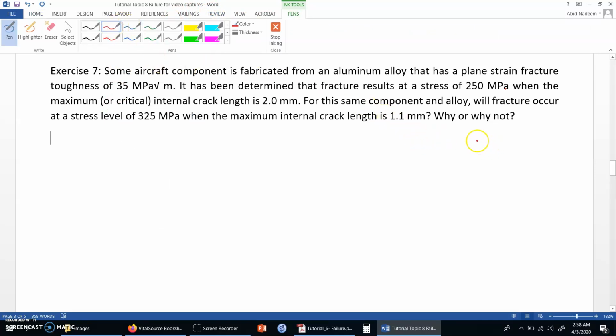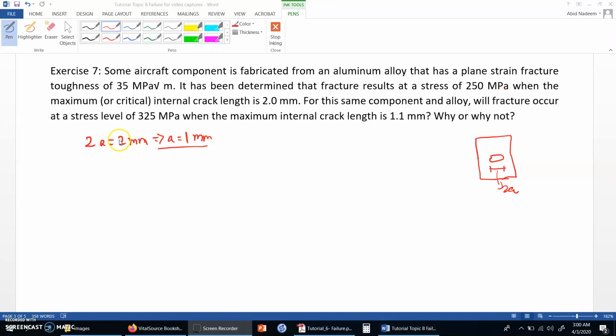If you take these fracture mechanics diagrams, if there is an internal crack, then that length is actually 2a. So 2a is 2 millimeter, so a will be equal to 1 millimeter. We must remember this, that we need to use 1 millimeter.